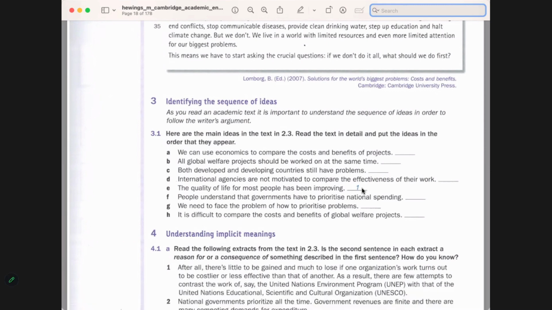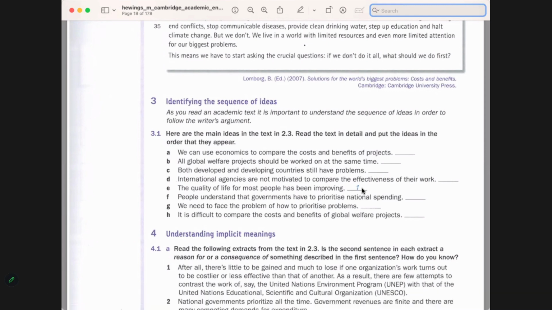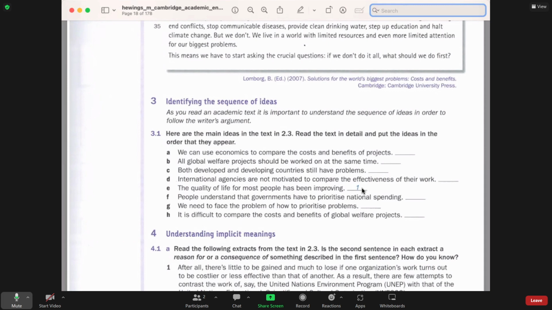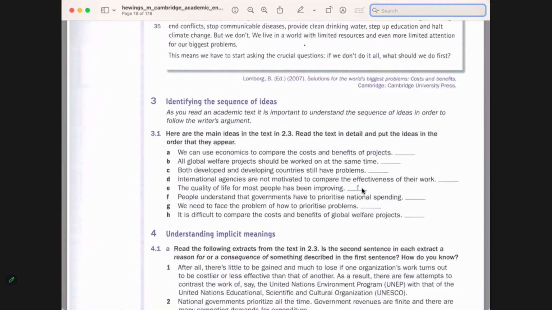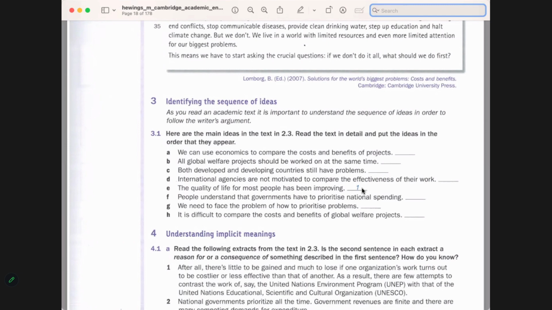Put this order. Might be F. People understand the governments have to prioritize national spending. You think the second one is F, yeah? Yeah, maybe.